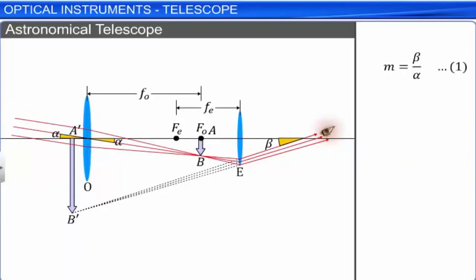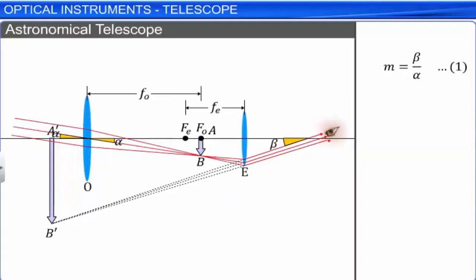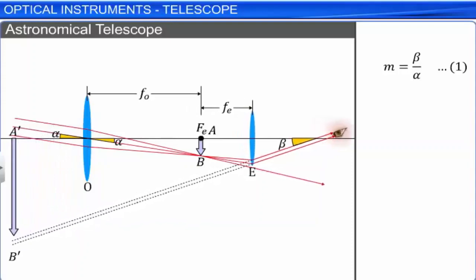Since the two angles alpha and beta are very small, tan alpha is approximately equal to alpha, and tan beta is approximately equal to beta. But tan alpha is equal to AB by FO, and tan beta is equal to AB by FE. Hence, for small angles, we can write that alpha is equal to AB by FO and beta is equal to AB by FE.